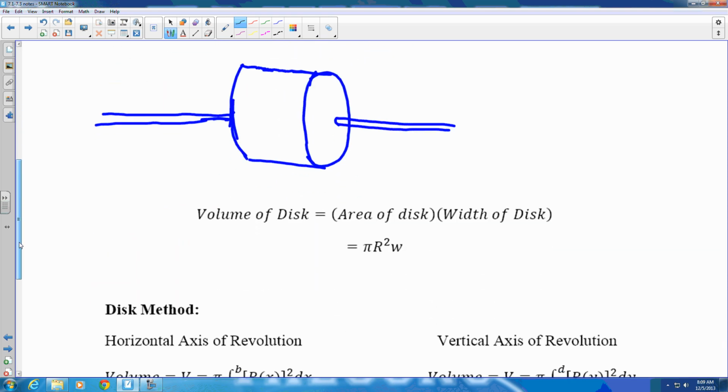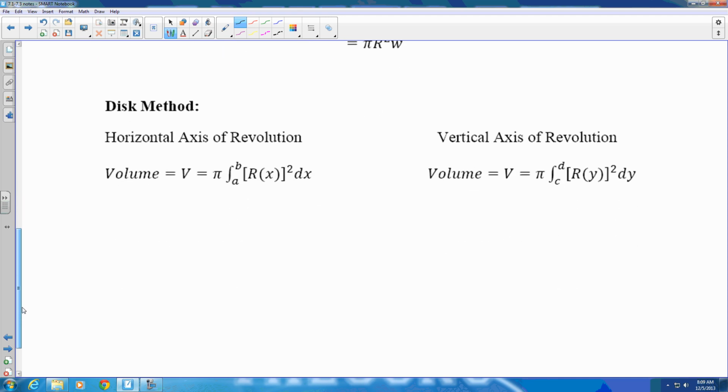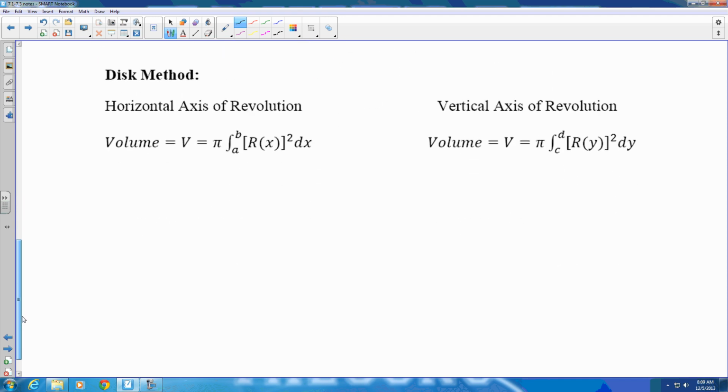So there are two different ways to use the disk method. The first one is when we're flipping it over a horizontal axis of revolution.